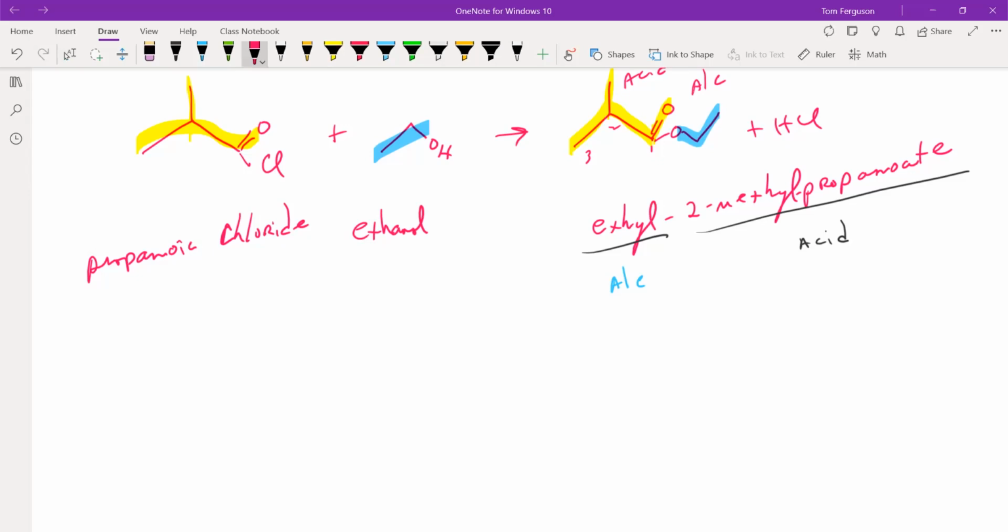And we can do the same reaction using the anhydride. The anhydride is going to be 2 esters of the acid.